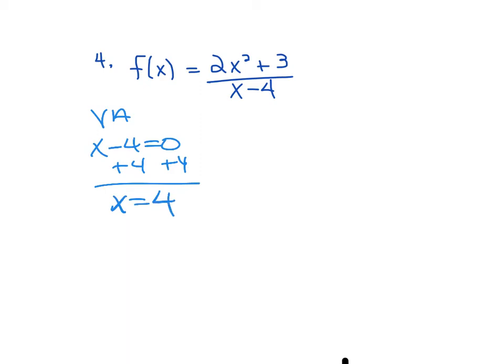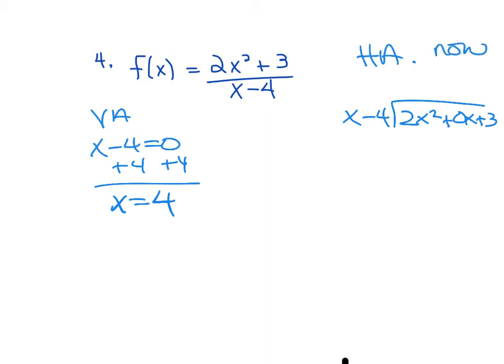And then for the horizontal, I look at the degrees. The top is bigger, so I need to do long division here. So because my degree in the numerator is bigger, the horizontal asymptote is none, but it does have a slant asymptote. So I'm going to go ahead and do the long division here.